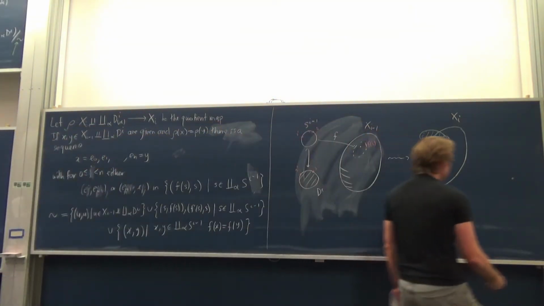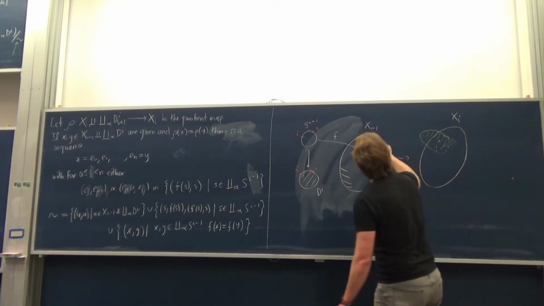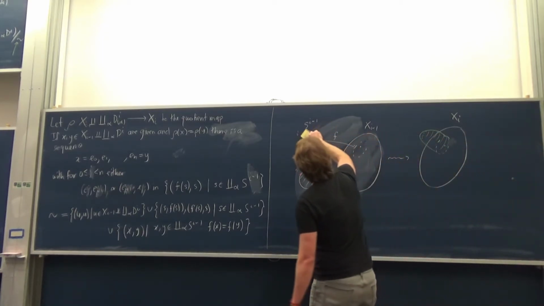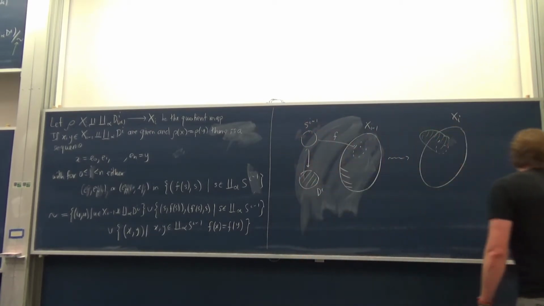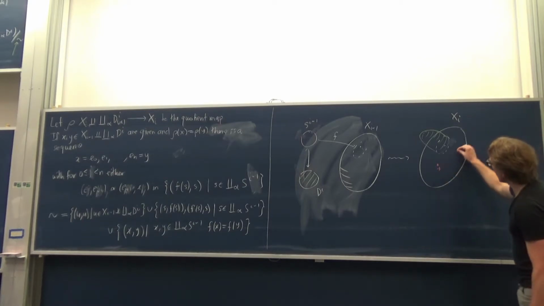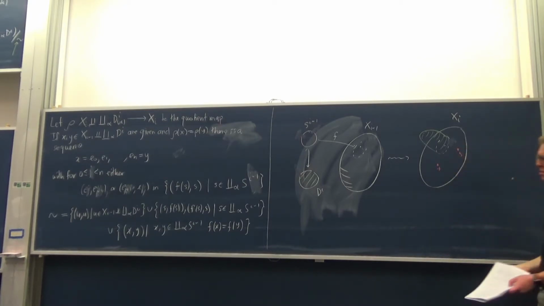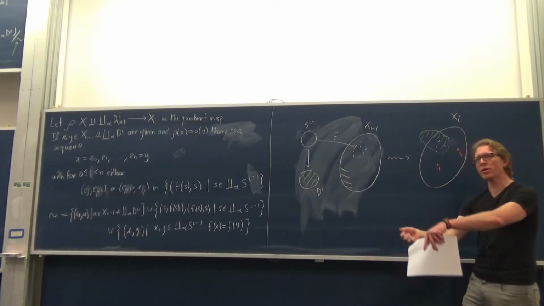Okay, so here are the easy cases. Take a pair of points, x and y, which are just far away from the action, so to speak. We started with X_{i-1} and some stuff got glued in.